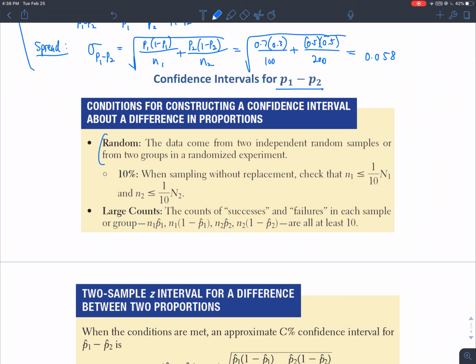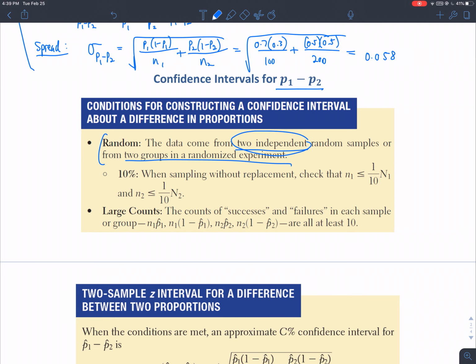Surprise, surprise. Random. So this is quite tricky, though. I think you need to get used to this. The data come from two independent random samples or from two groups in a randomized experiment. The experiment thing we'll hit on a little bit later. That gets quite tricky, but two independent random samples is actually very specific.